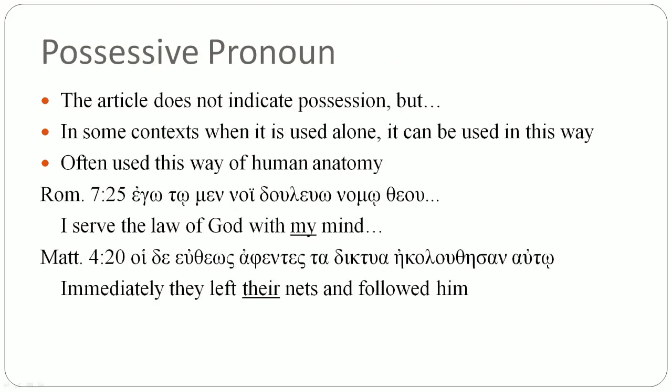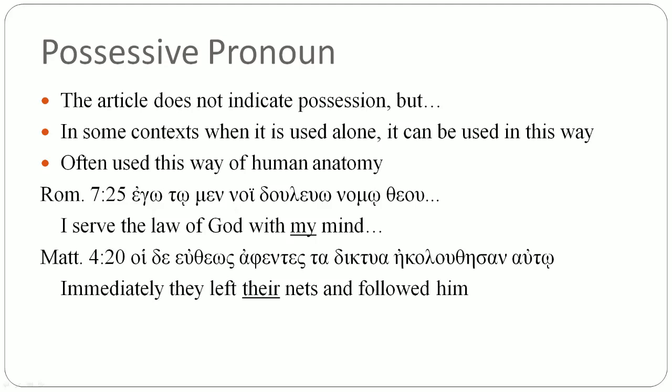One last way that it is used as a pronoun, a possessive pronoun. The article typically does not indicate any kind of possession, but as you see here, in some contexts it can be used to indicate possession, especially when it's just sitting off there by itself.